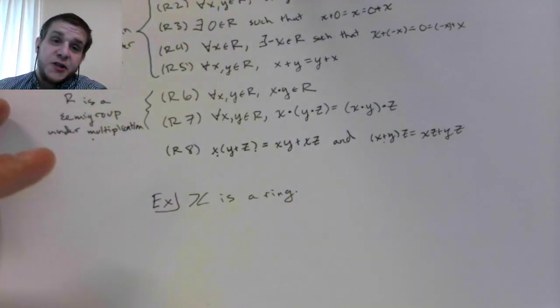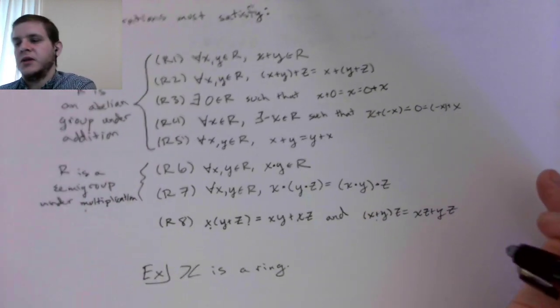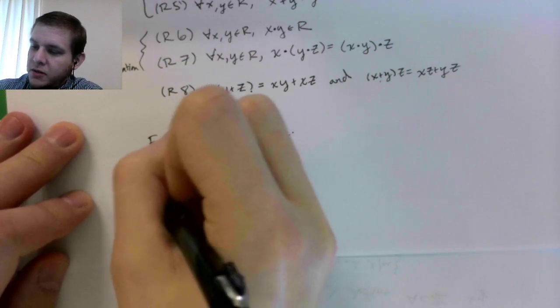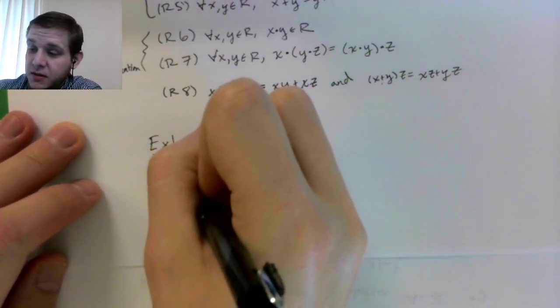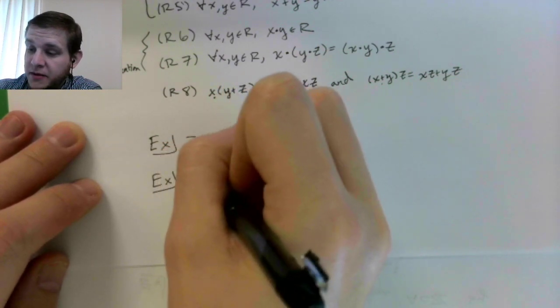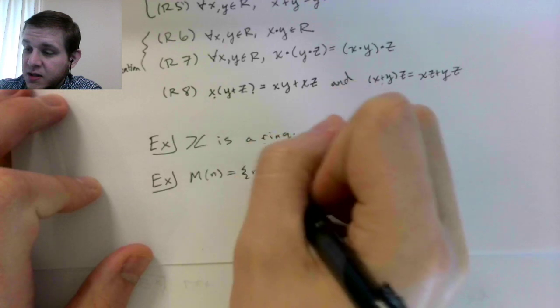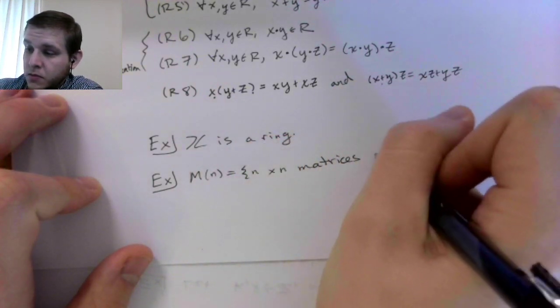But of course, the integers isn't the only example of a ring, otherwise mathematicians wouldn't make this long definition. What are some other examples of rings? Well, it's the same as the other semigroup we talked about. Mn, the set of n by n matrices, is a ring.